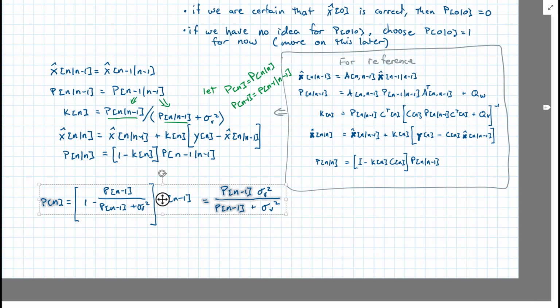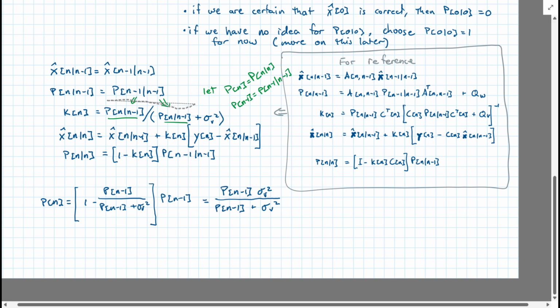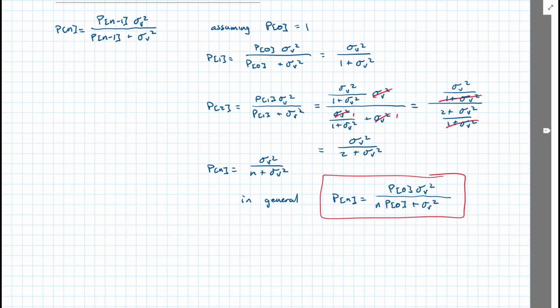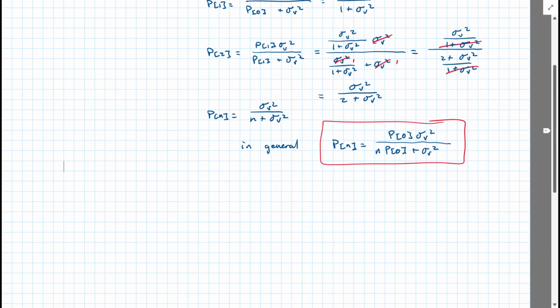Next, if we come back and we look at our K, our Kalman filter gain, we can simplify this a little bit, as we've already discussed.